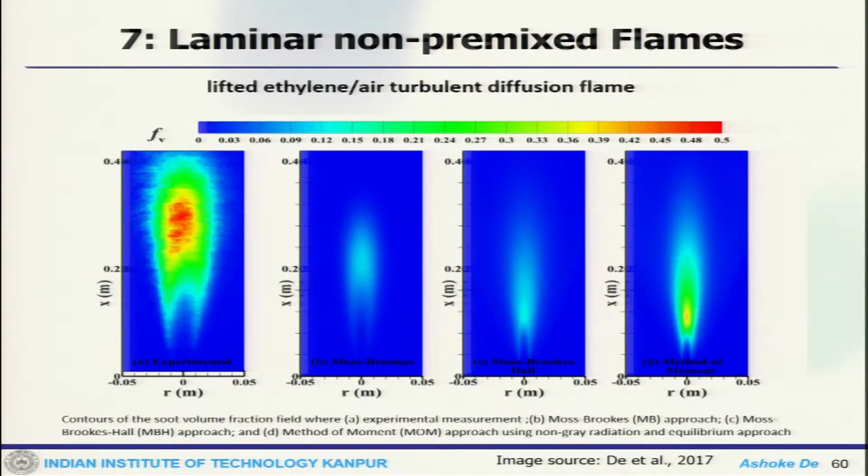How accurately one can model it matters, because most natural reacting systems directly or indirectly burn hydrocarbon fuels, and once you burn hydrocarbon fuels under non-premix mode, this is bound to happen. So accurate prediction of soot is an important aspect and quite challenging.